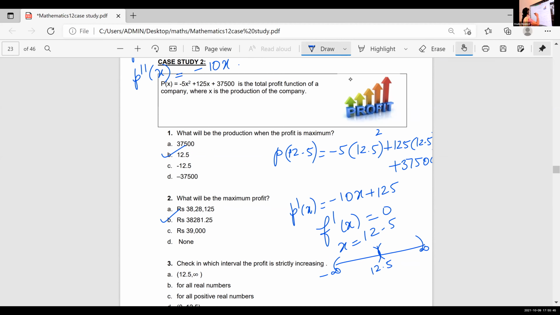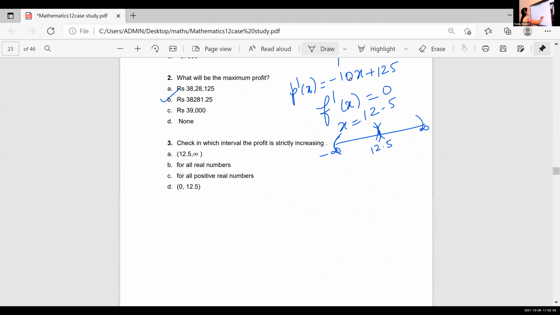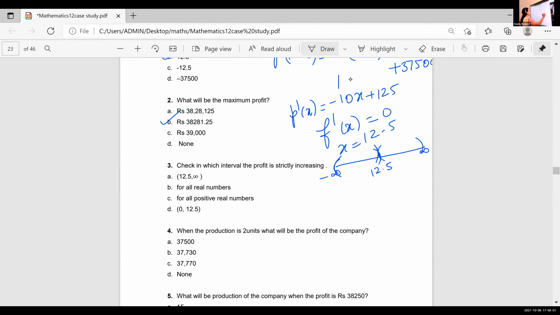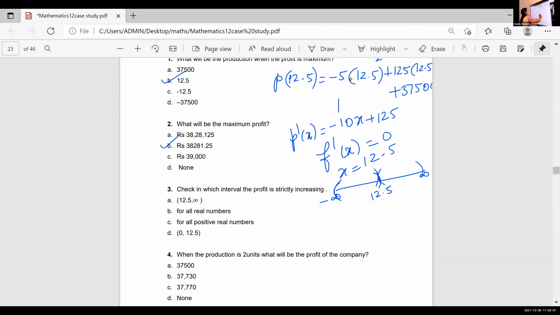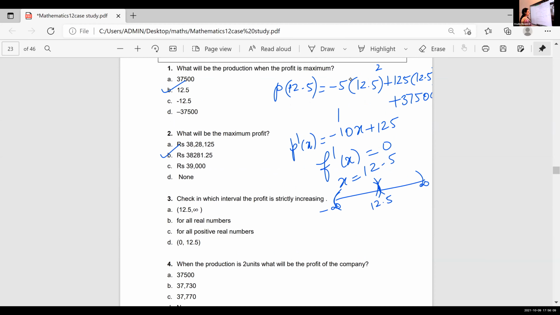So we equate it to 0 and then we find x. After finding x, you substitute. If you take some value in the interval minus infinity to 12.5, suppose I substitute 0, you check whether it is positive or negative. When you substitute 0, what happens? It is positive, isn't it?